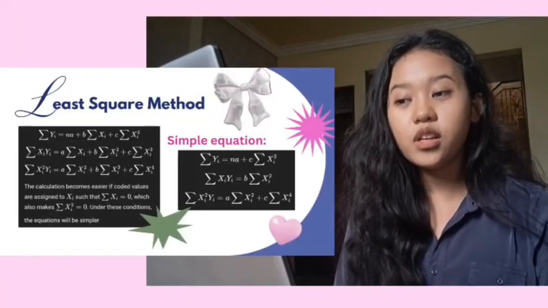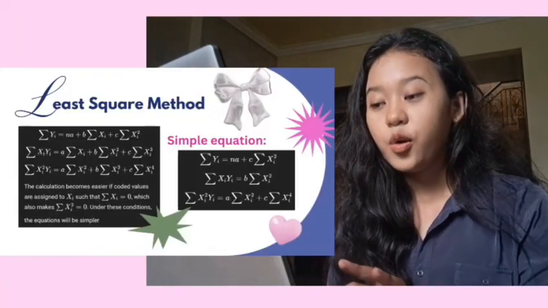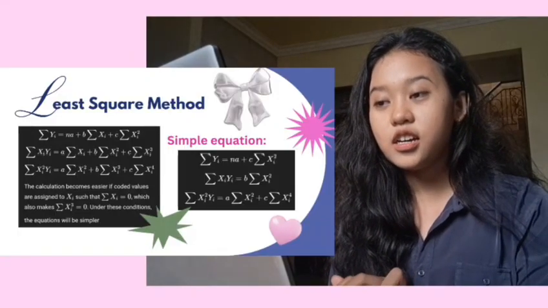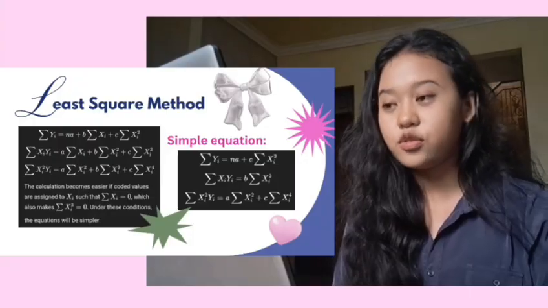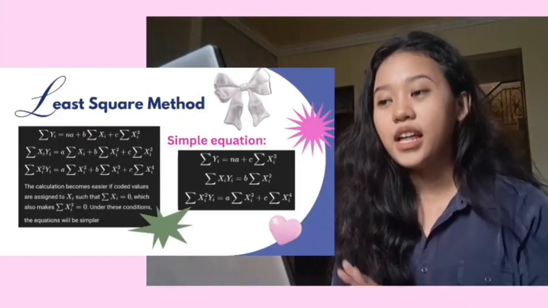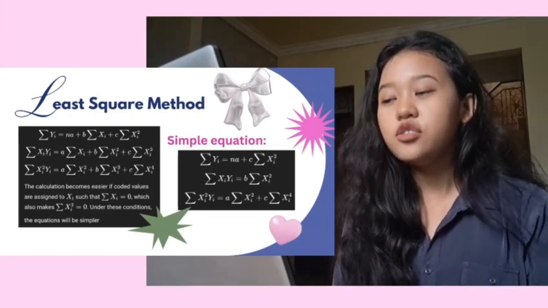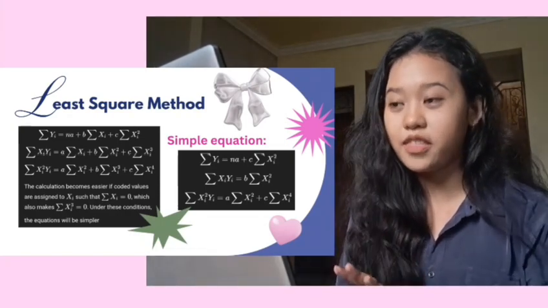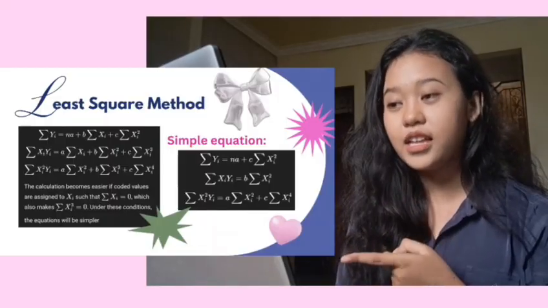And in the parabolic trend equation, we have a general method to solve it, namely the least square method. Previously my friends already explained about this least square method.